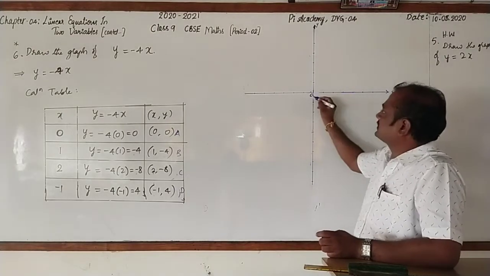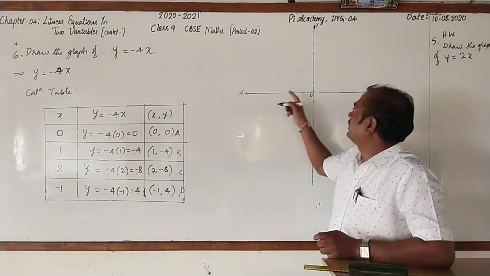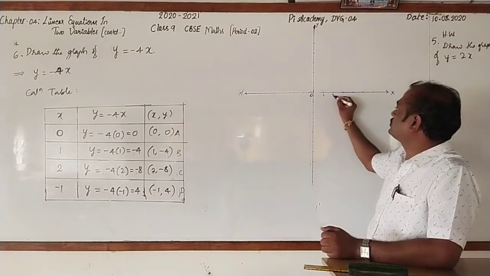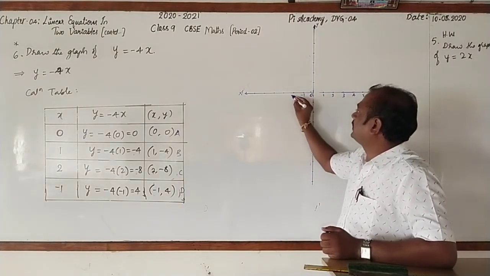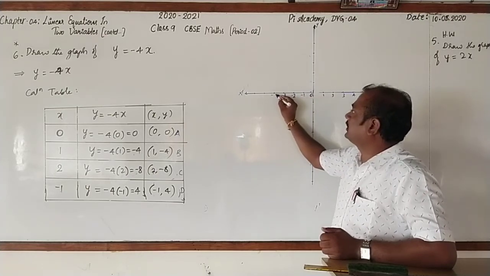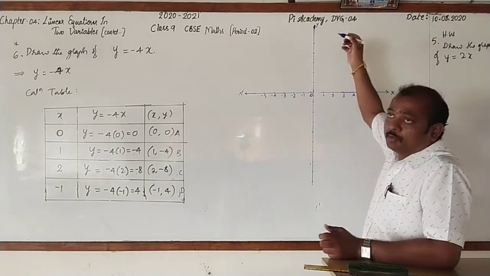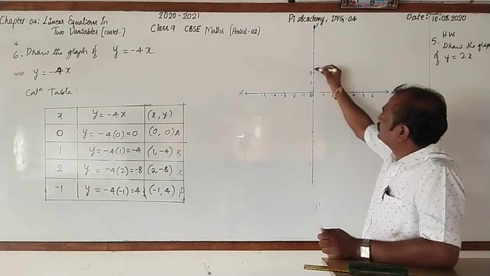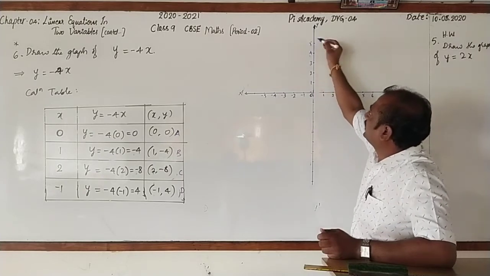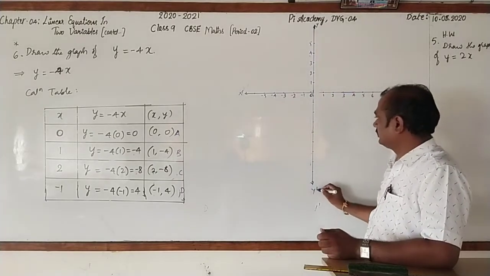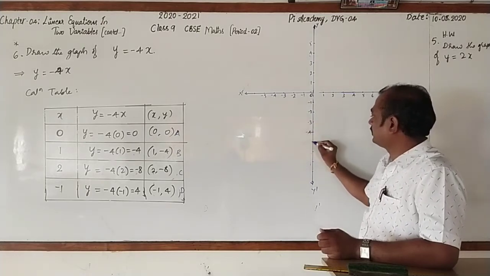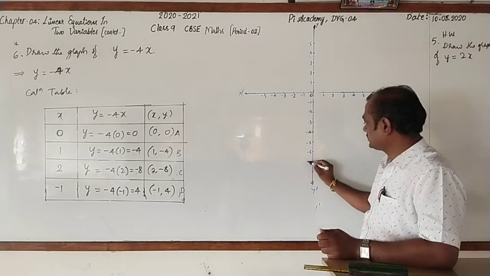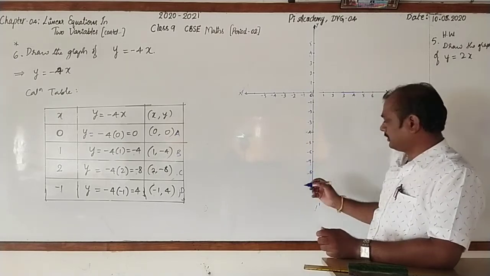This is x axis, x0, x dash, and write the numbers 1, 2, 3, 4, 5, 6. Above 0 are positive. Below 0 are negative. It is minus 1, minus 2, minus 3, minus 4, minus 5, minus 6, minus 7, minus 8, minus 9.